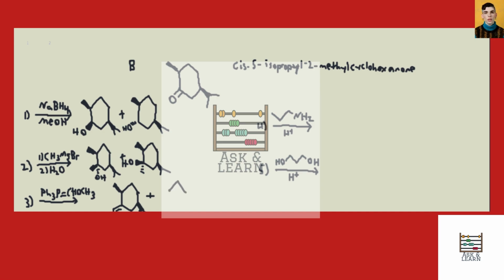And so we'll get a mixture. So cis as well as trans. Okay. So then on to part 4. Again, this is going to be enamine formation. Thankfully, there's only going to be one stereoisomer here.